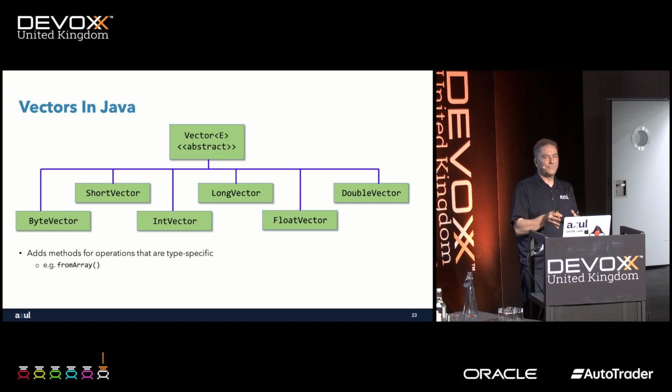So all of the primitive numerical types are dealt with there. They add some more methods to the ones you get in the base Vector class, specifically things like fromArray. When you're doing fromArray, you need to pass in an array of the right type, so that's why they're type specific and specific to that particular subclass.